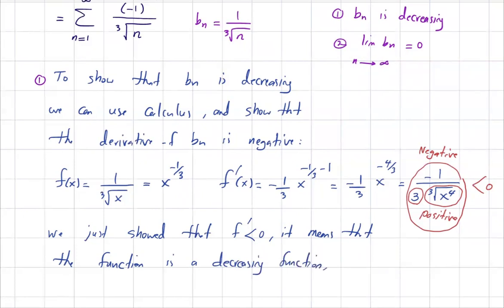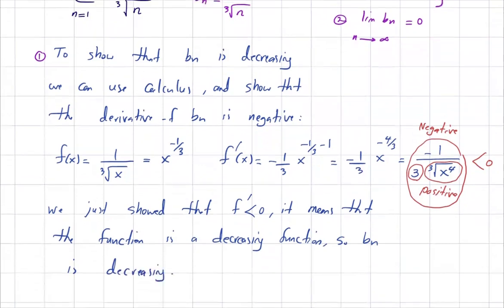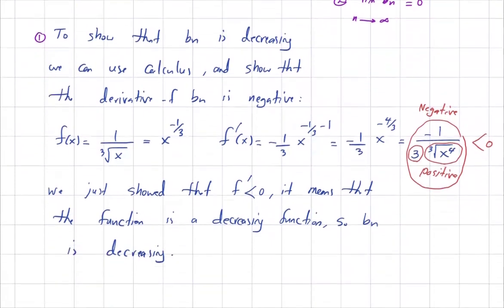And since bn is represented by this function, bn is decreasing. So the first condition is met. bn is decreasing. What about the limit of bn when n goes to infinity? Number 2.